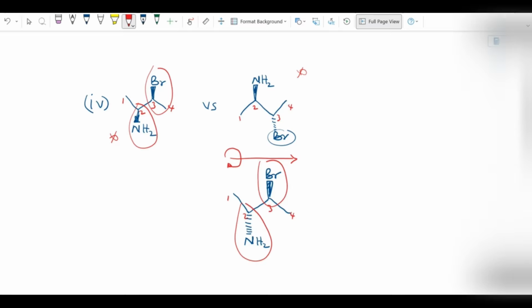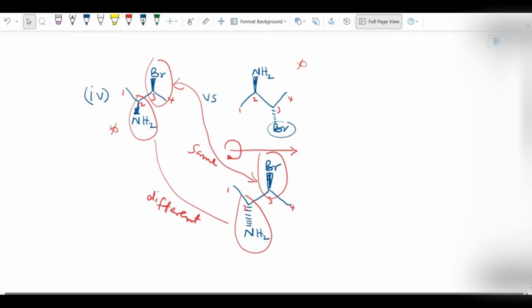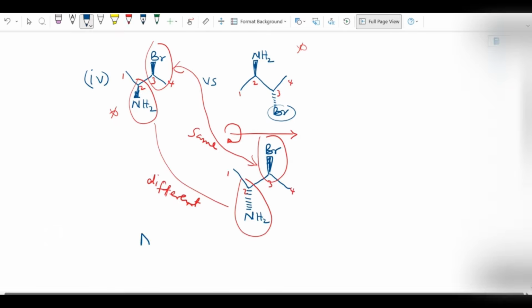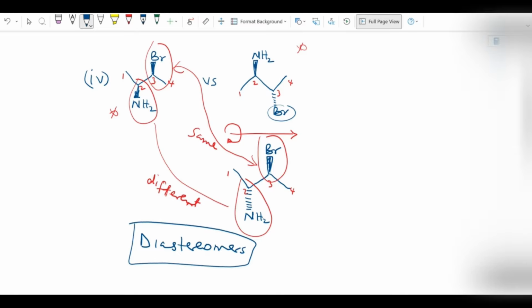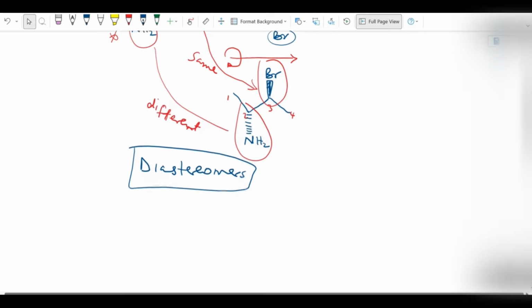The bromo group here is the same. So when you have some configuration that is different, and some configuration that is the same, the relationship between such compounds will be diastereomer. So these compounds are diastereomers. Let's go to the next question.